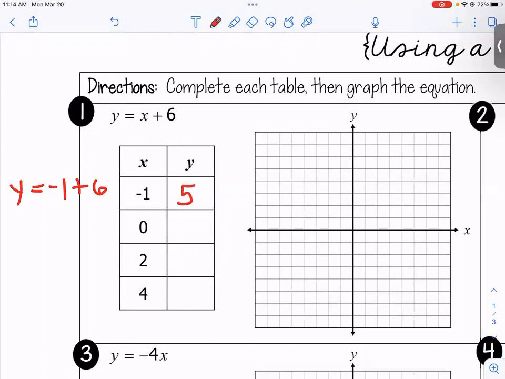So we have the coordinate negative 1, 5. Our equation, y equals x plus 6, but I am replacing x with now 0. So it's y equals 0 plus 6. It's a hard one. Oh, okay, it's 6.